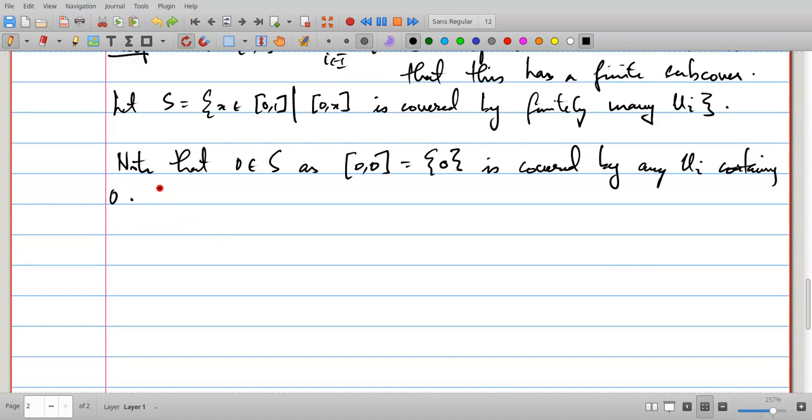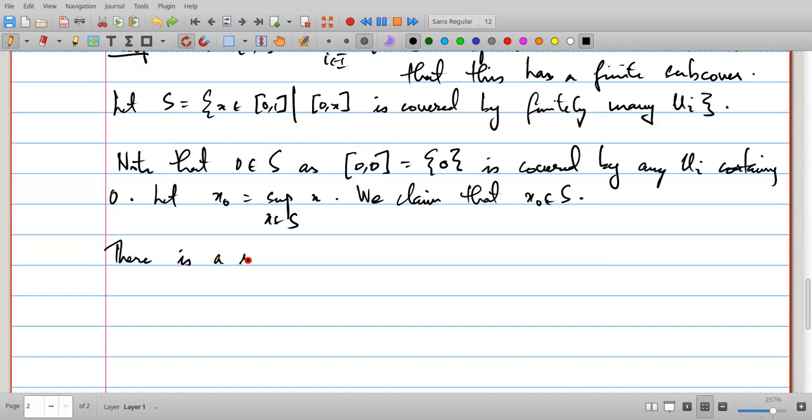So S is non-empty, so we let x naught be equal to the supremum of x in S. First we want to show that x naught is in S. We claim that x naught belongs to S. To see this, there is a sequence x_n converging to x naught where x_n belongs to S.